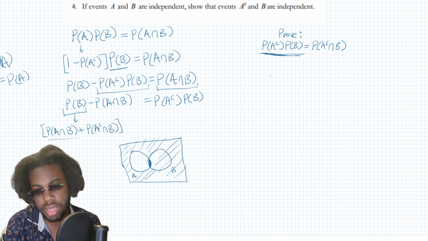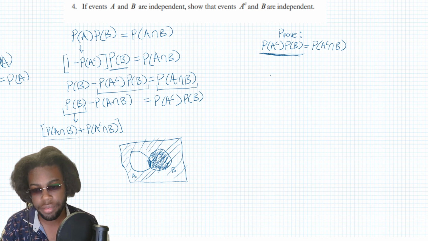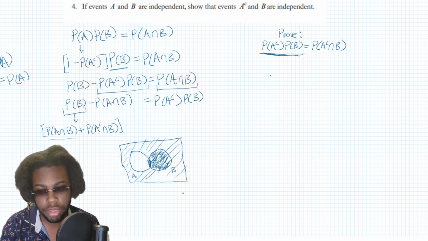However, we did say A complement intersect B. So the intersection of A complement and B. The only place that is outside of A but inside of B is this leftover region here, which, when added to the intersection of A and B, forms the entirety of the probability of B, or it forms the entire circle of B.